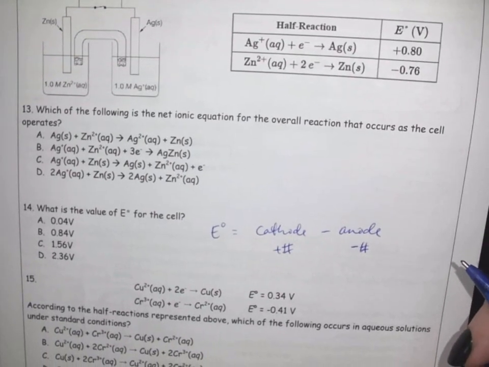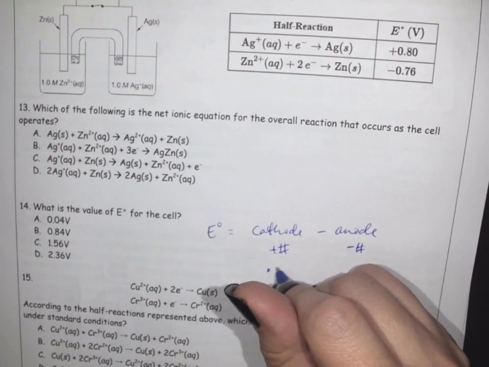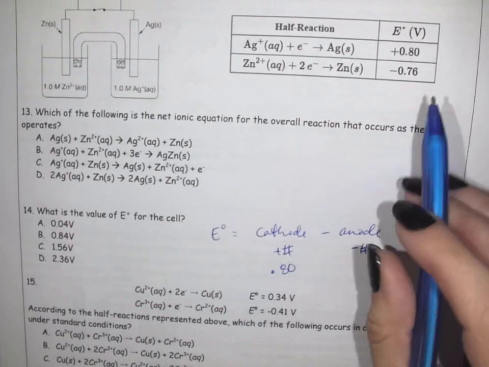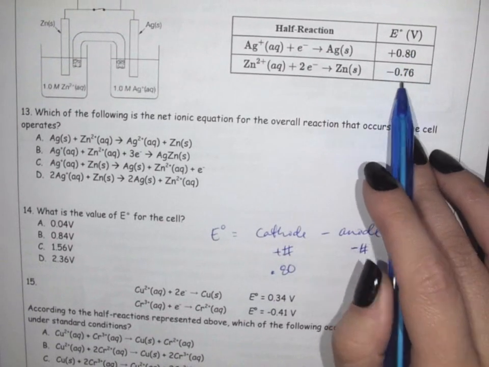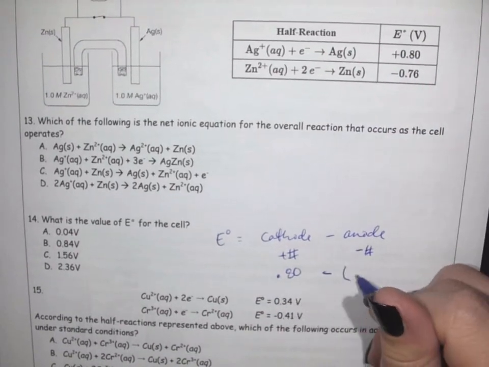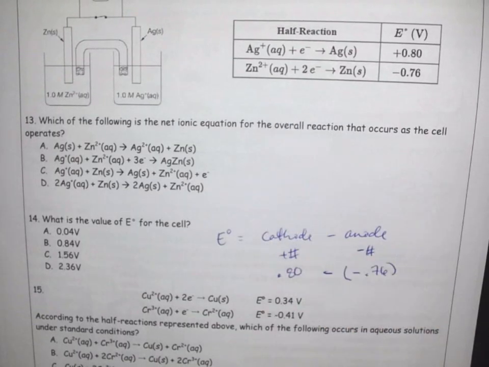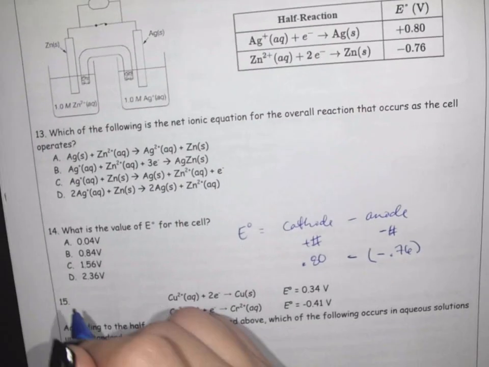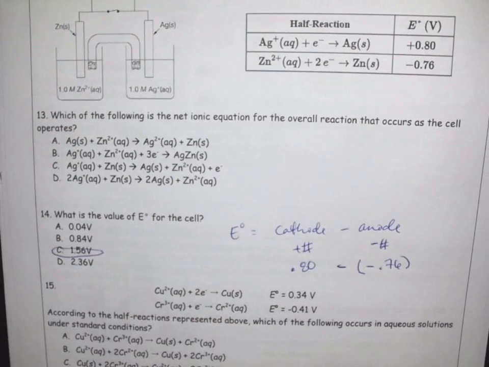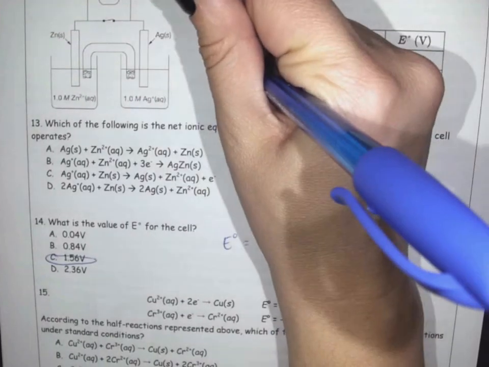So in this scenario, I would have the silver be the cathode and then minus this from the negative 0.76, and so the zinc will be my anode. And plugging that in my calculator, I believe we get 1.56. That 0.8 minus the negative 0.76.